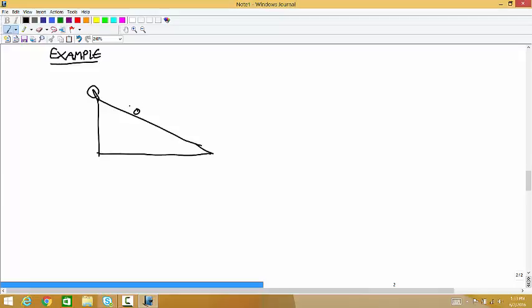So let's say we have one cart, and that has a mass of 1 kilogram, and it's connected by a cable to another cart that has a mass of 3 kilograms, and a separate cable goes over this pulley and connects to the ground.